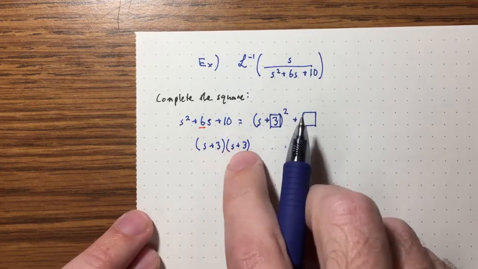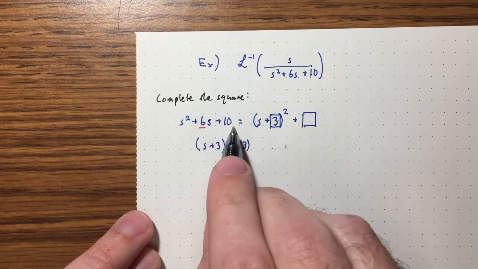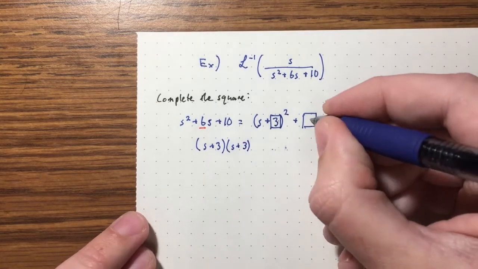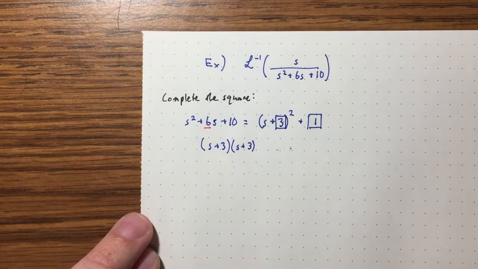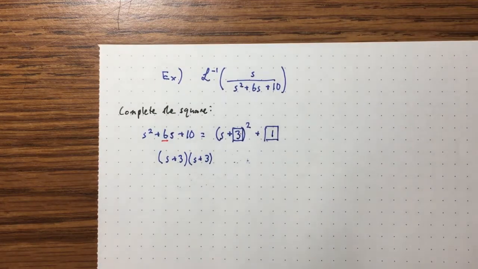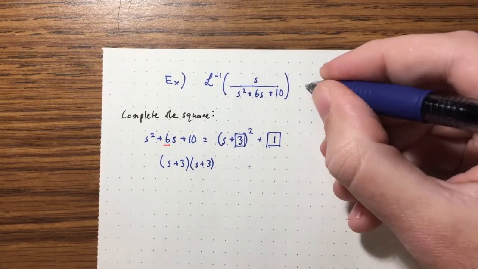But I also get a plus 9. Since there's actually a plus 10, this has to be a 1. So that's completing the square. You've surely seen this idea before, but I wanted to remind you how it works.